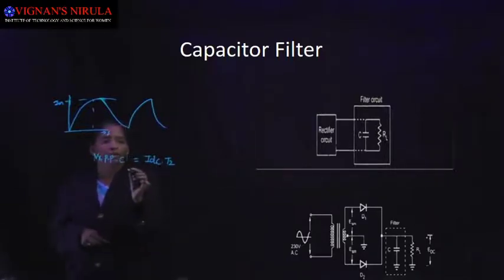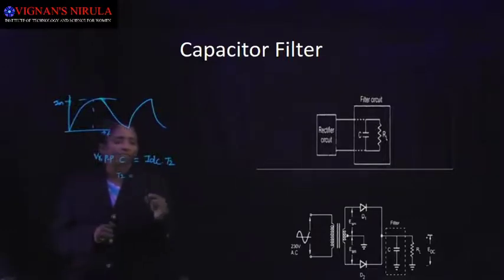Here T2 is half of the time period, that is T by 2.